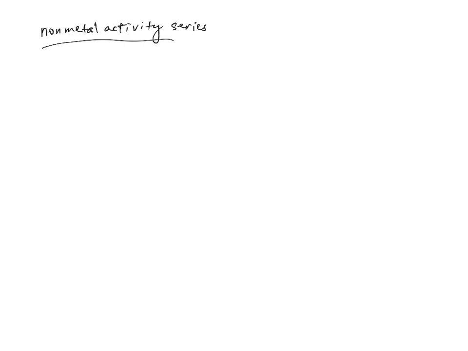Okay, now, very similarly, nonmetals can have single replacement reactions as well. Now, in our class at Chem 115, I'm not going to add too many nonmetals. I'm not going to try to give you an activity series that covers all the nonmetal free elements.